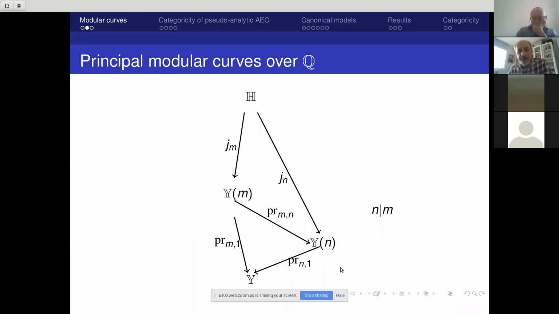So the overall picture is like this. We have these analytic holomorphic covering maps.